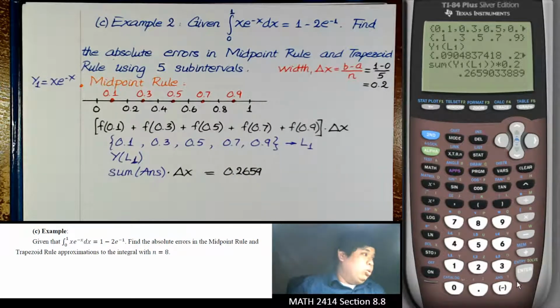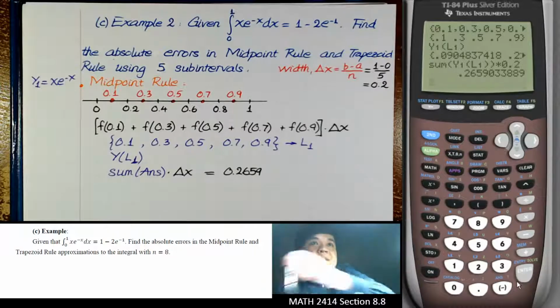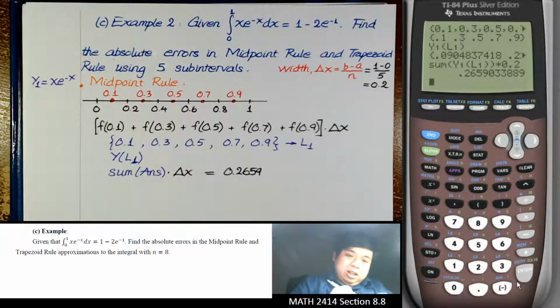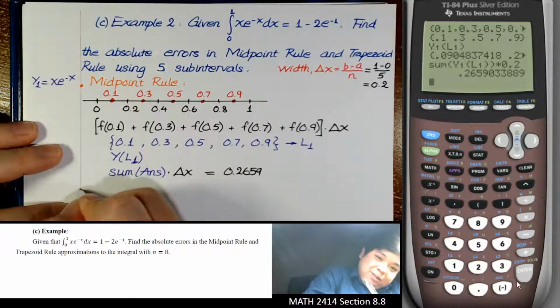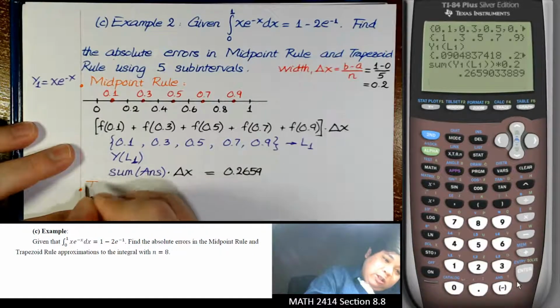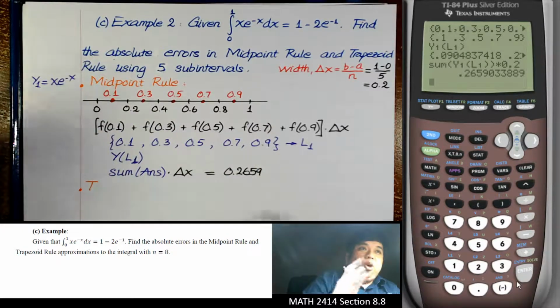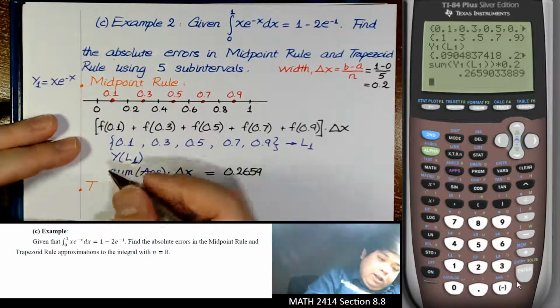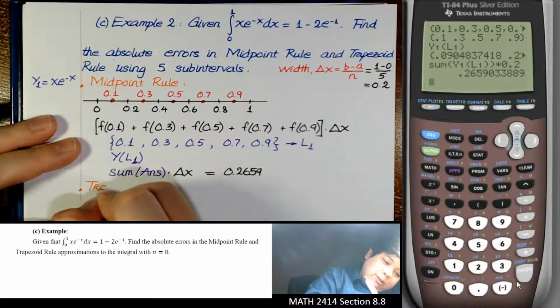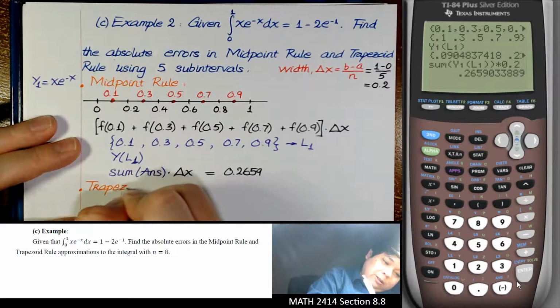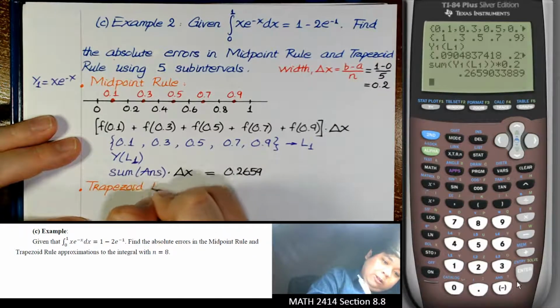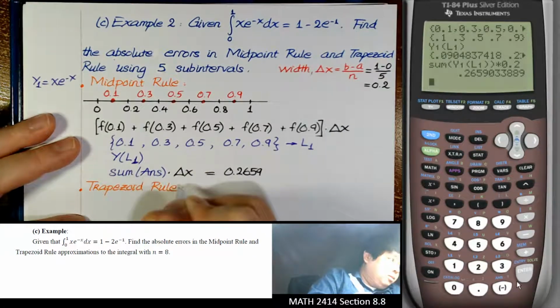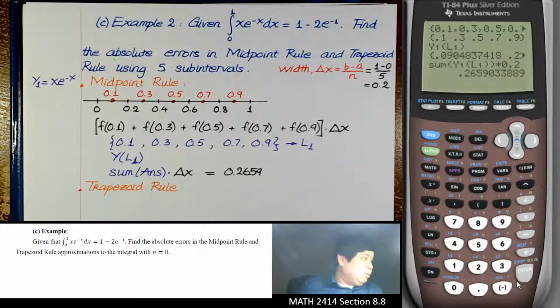That is the midpoint rule. Right? And when we get used to it, it's not that bad. Now the trapezoid rule. Usually I draw a line so we know which points we use. Trapezoid rule. Right.